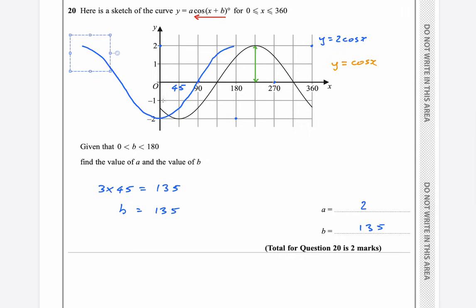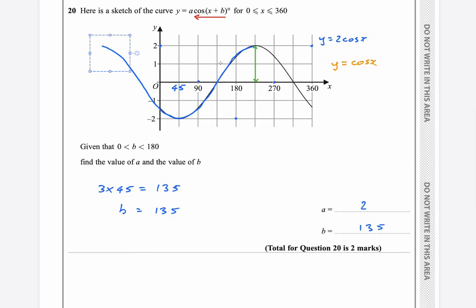And we know, because b is between 0 and 180, I need to move this graph left to get onto the black graph. If it said, and this would be a really hard question, if it said b is negative, then that means this graph would be moved to the right, and b would be equal to negative 45, because that negative 45 moves it to the right.